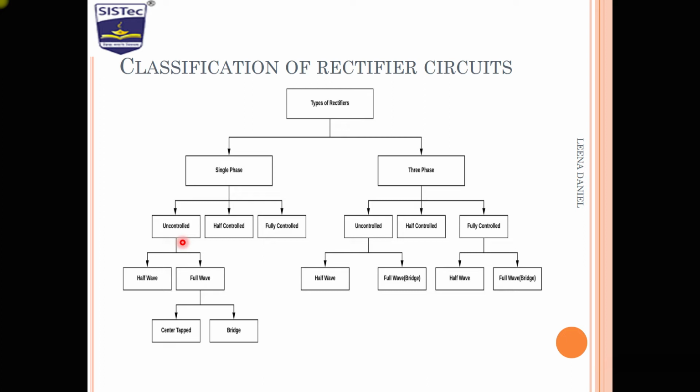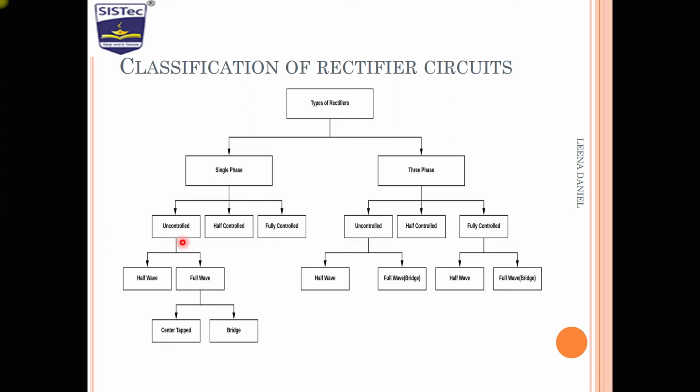But if we use thyristors, SCR, MOSFET, IGBTs or any controlling device, then that rectifier is called a controlled rectifier. So a single phase rectifier may be half controlled, fully controlled or uncontrolled.